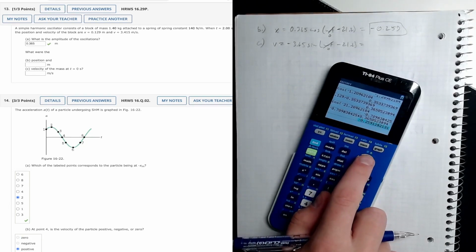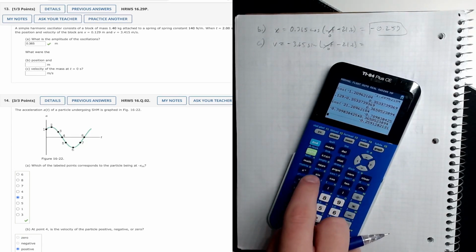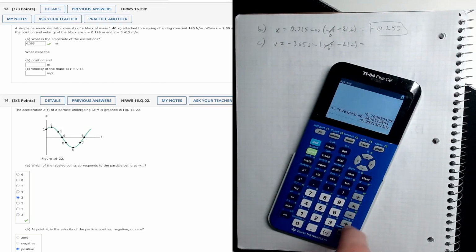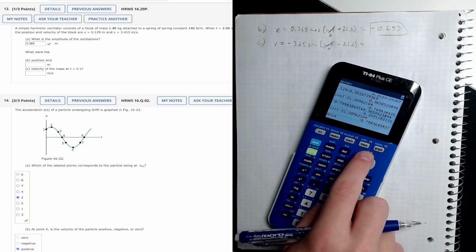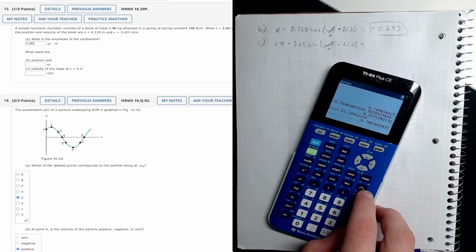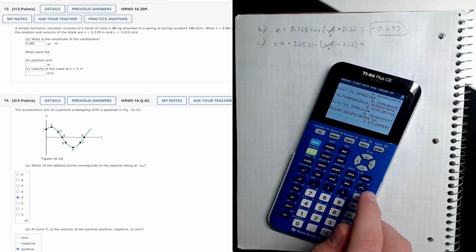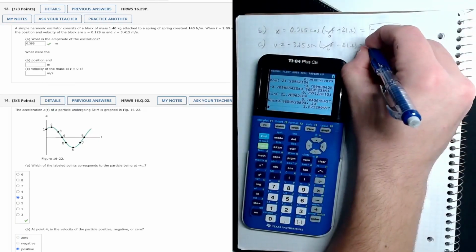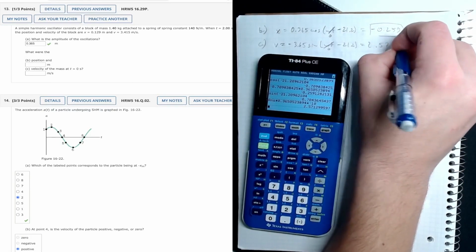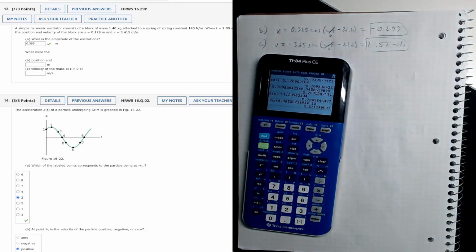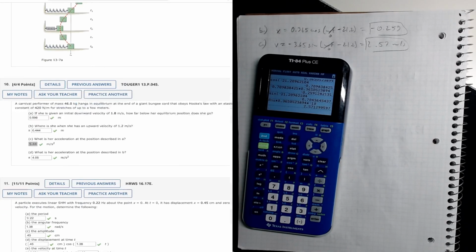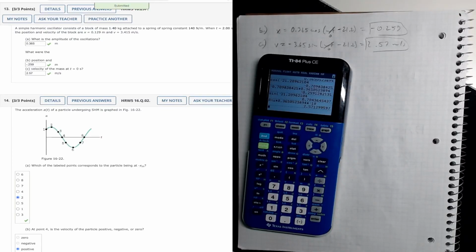Alright, and now sine of this, sorry, times 3.65, in that order, 2.57. And that, guys, should be the answers to both of those. Just double check: negative 0.29, 2.7. There you go, guys. That's the answer to question 13 right there.